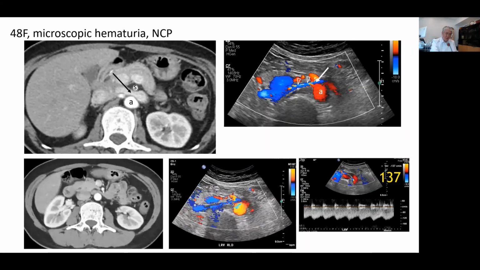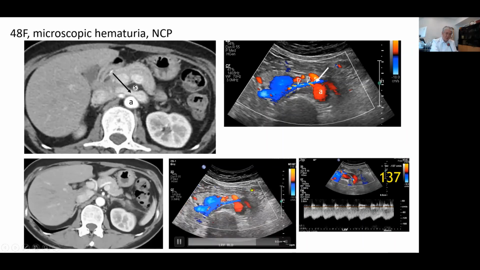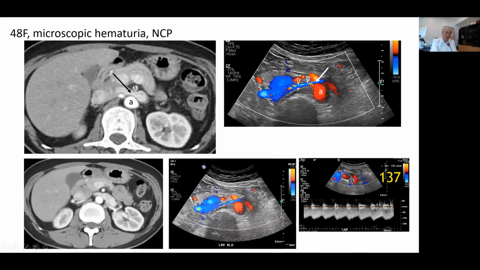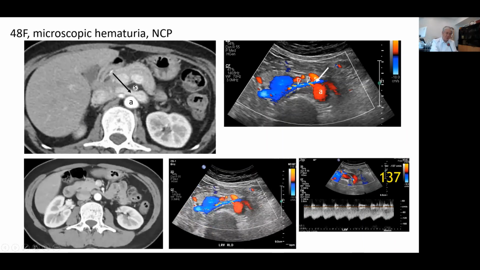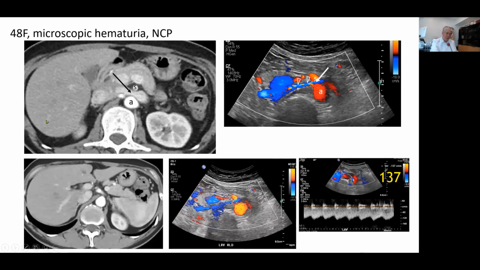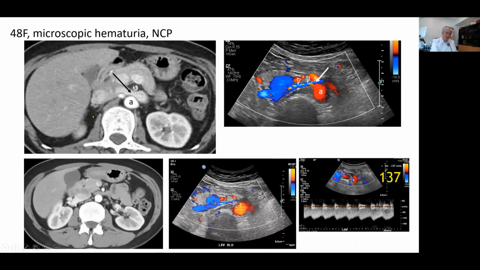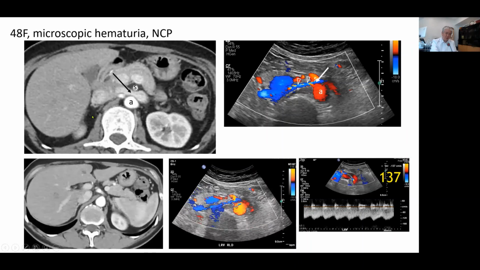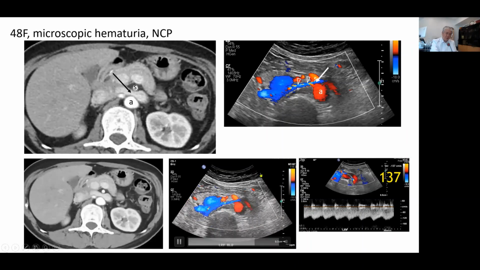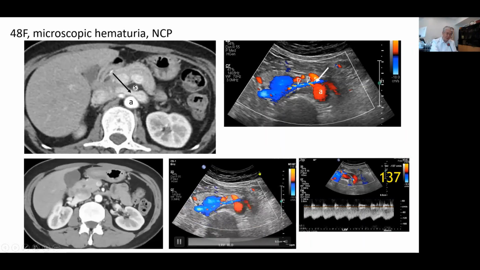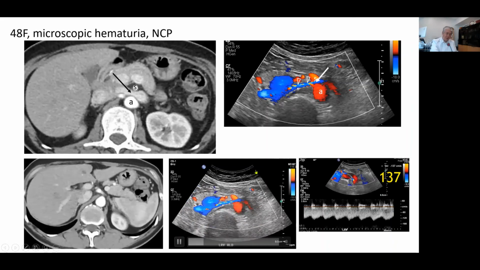Probably this difference between CT and ultrasound findings is related to the difference in respiration status. These CT images were taken with the patient in inspiration, and these Doppler ultrasound images were taken in expiration.